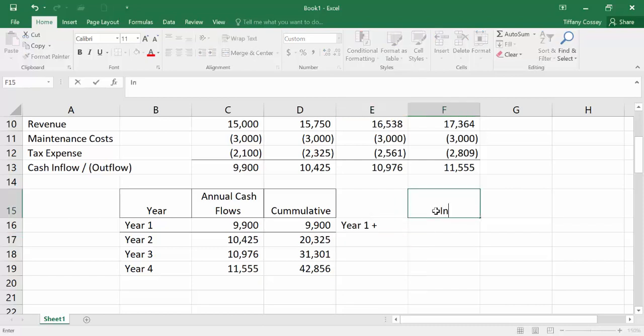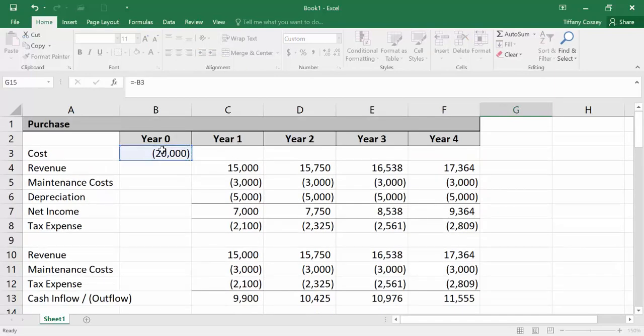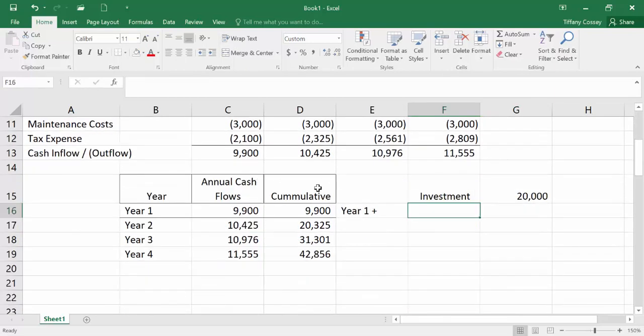So we'll take the investment, and we know that's $20,000, or I can just pull it down from here, and I turned it into a positive number. And then we're going to subtract out the year before it pays back.